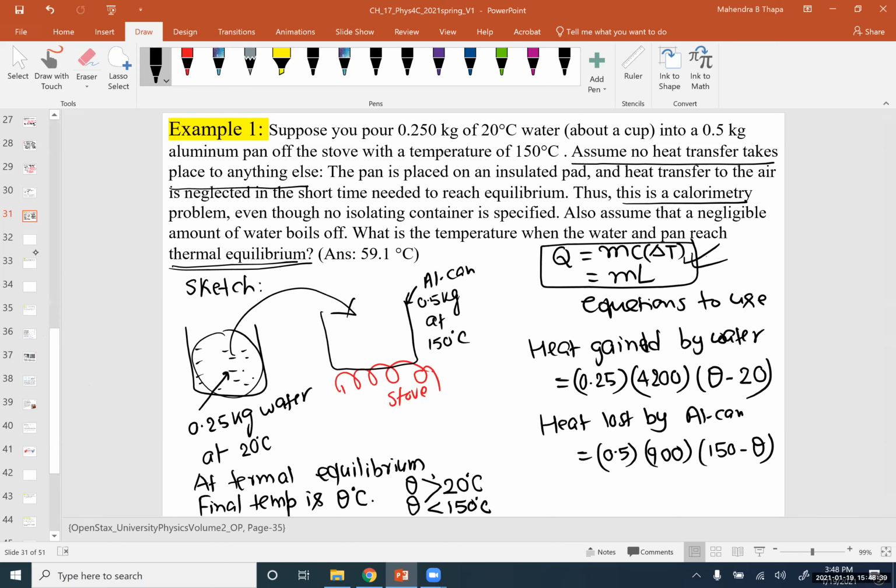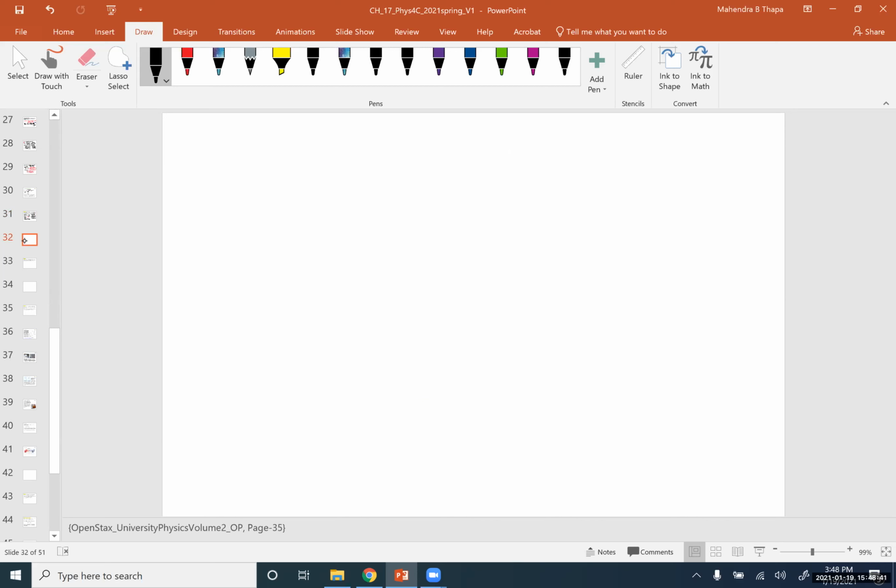Now we know that there is no heat loss in any other form, so heat gained must be equal to heat lost.